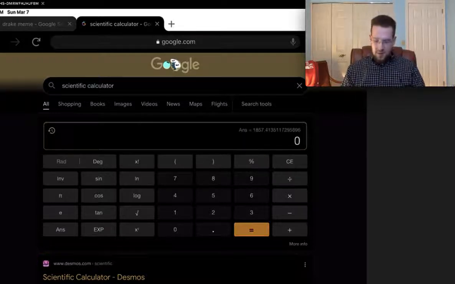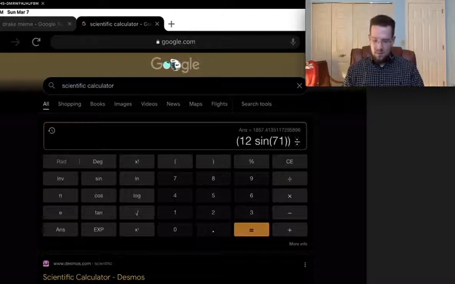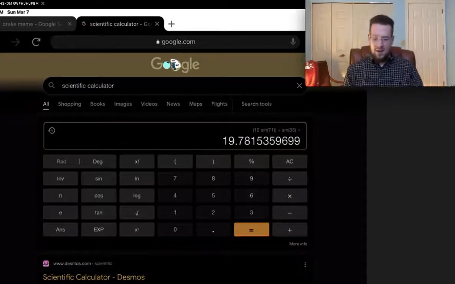One more time. Okay, my bad. Here we go. Wrap the parens. 12 sine 71, double parens, divided by the sine of 35, close parentheses, enter. There it is. Okay, this is 19.8. I'm going to round this to 19.8.